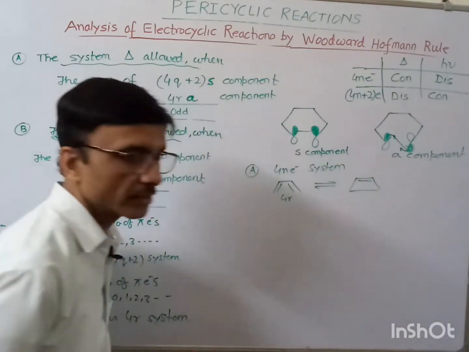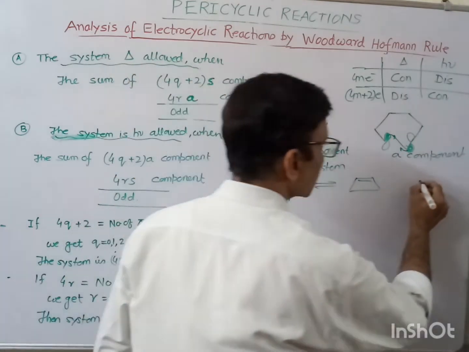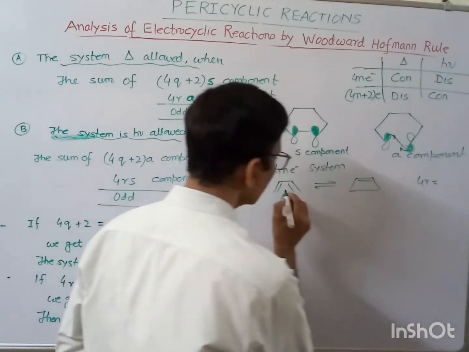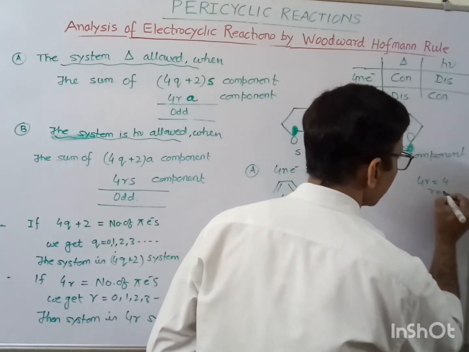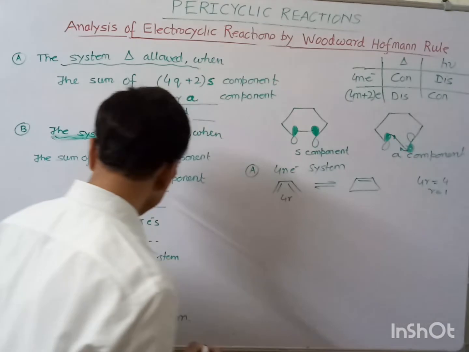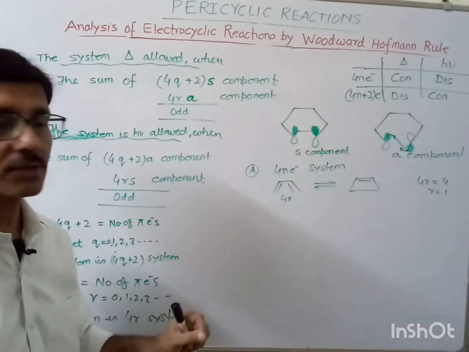This is 4R. Why is it 4R? Because if we put 4R is equal to the number of pi electrons, this is 4, so R comes out to be 1. If R comes out to be either 0, 1, 2, 3, then such a system is a 4R system.